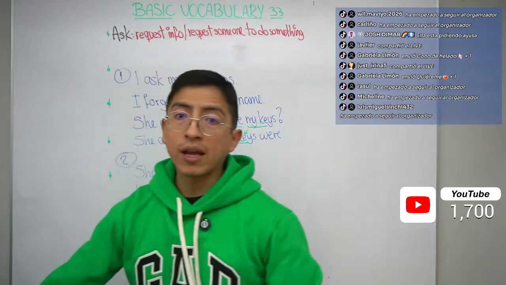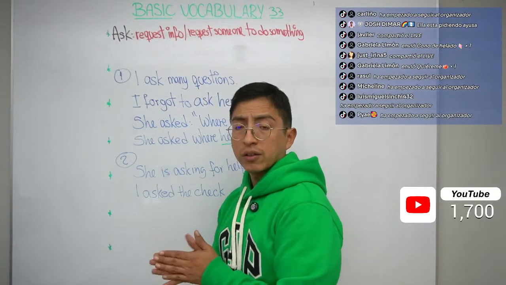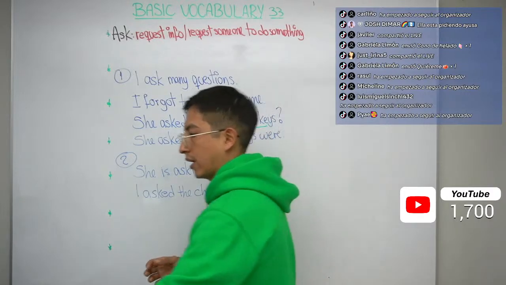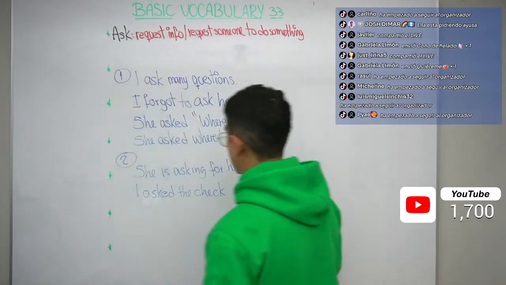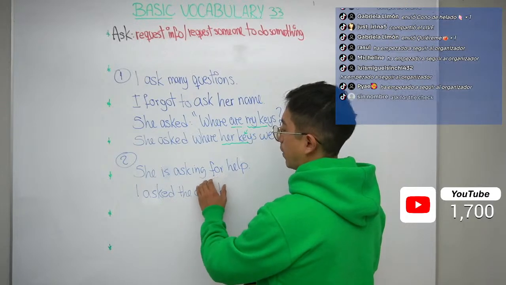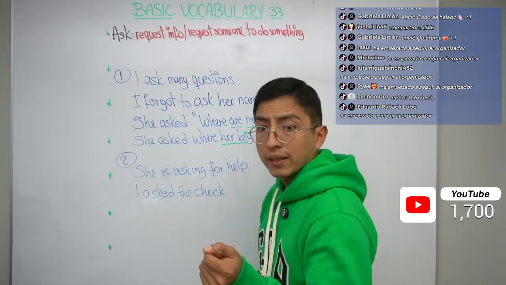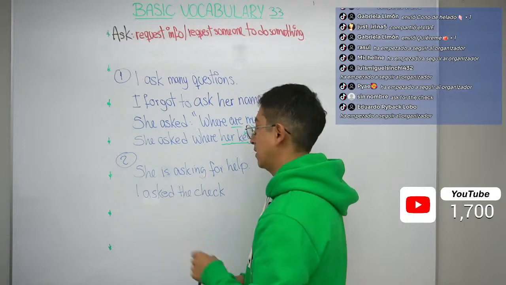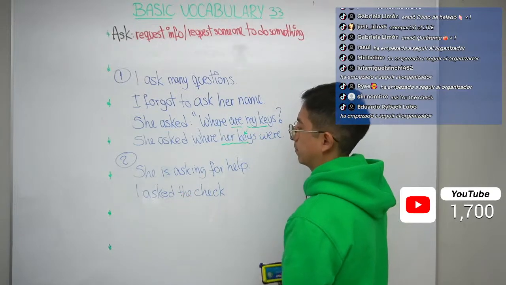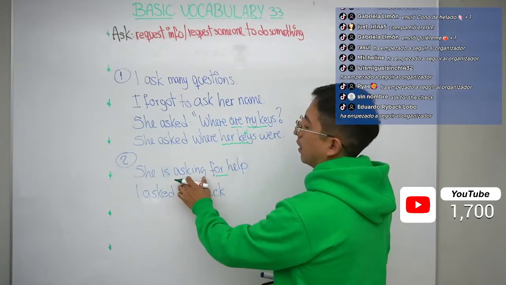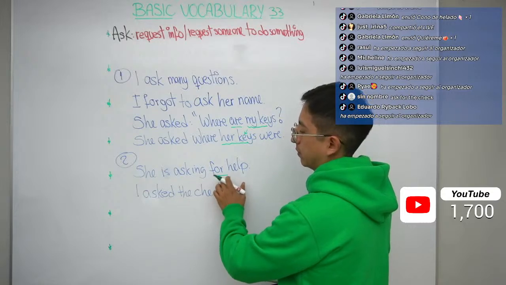Okay. One more time. We're not asking a question. We're not asking for information. In this case, we are going to talk about the check, when you have to pay. But what are we using here? Asking for. Yes.